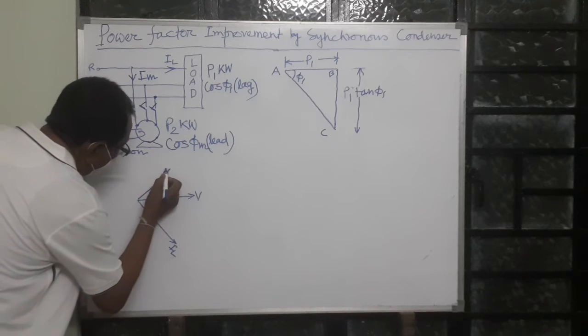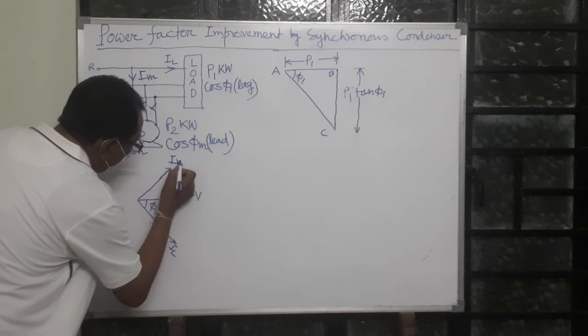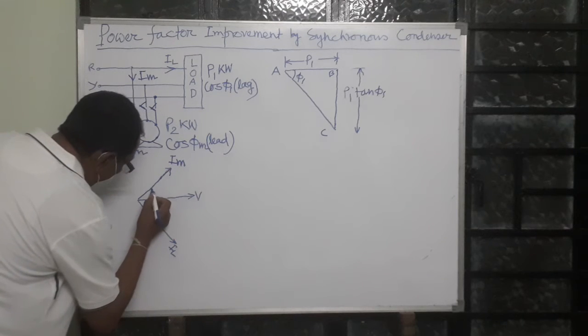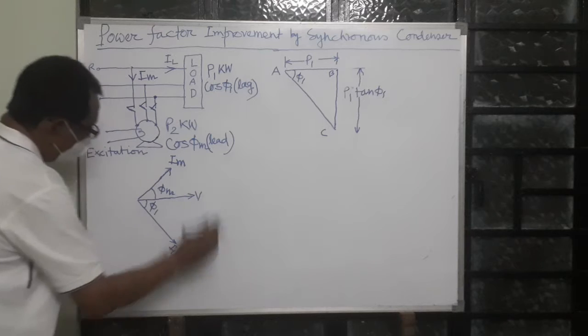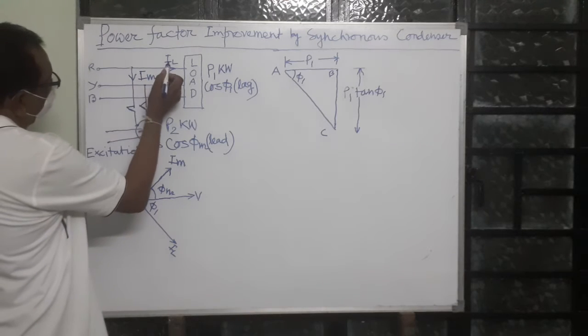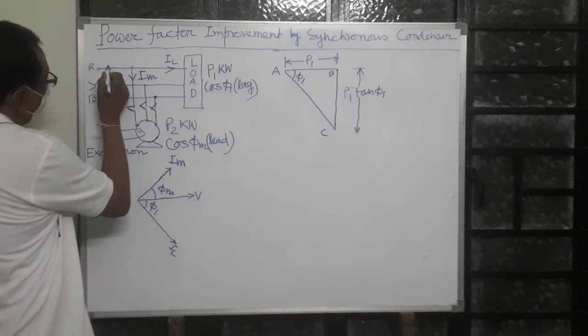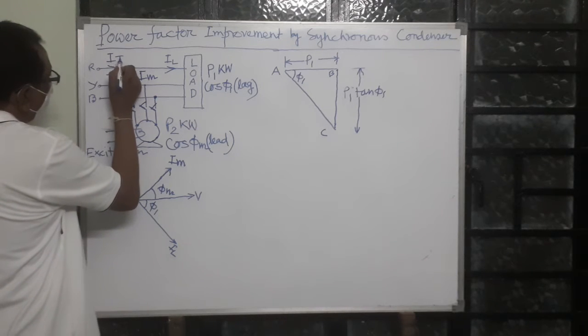Now suppose this is the motor current. Let the power factor angle of the motor be phi m, leading power factor. Now the vector sum of this plus this is equal to the total current.